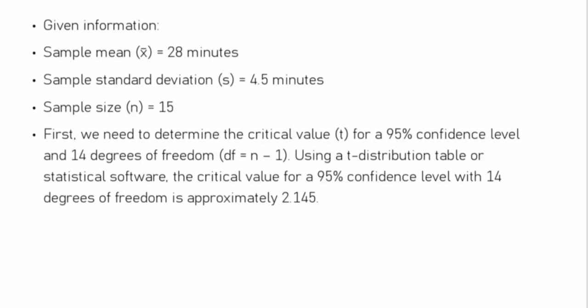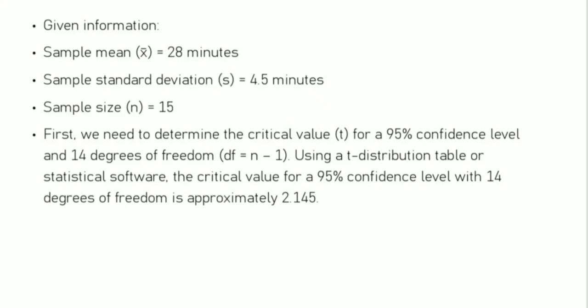So we need to determine the critical value t and degrees of freedom using the distribution table or statistical software. The critical value for a 95% confidence level with 14 degrees of freedom is approximately 2.145. So we got the critical value as 2.145.